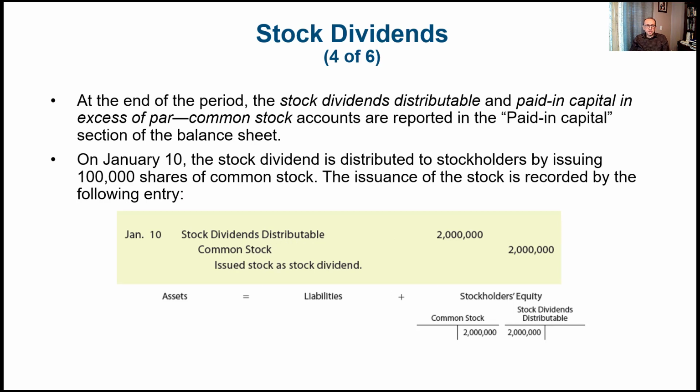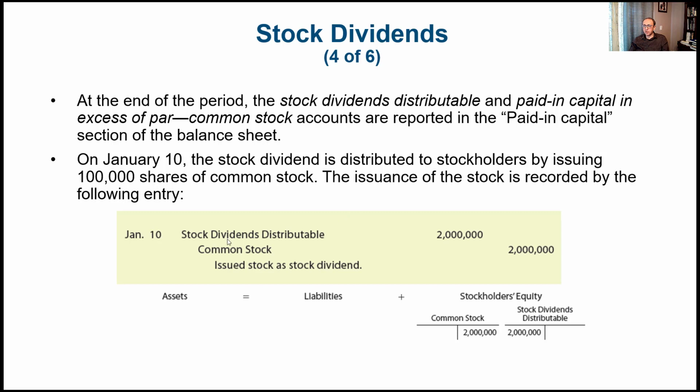So at the end of the period, the stock dividends distributable and paid-in capital in excess of par for the common stock accounts are reported in the paid-in capital section of the balance sheet. So on the payment date or the distribution date, which is January 10th, the stock dividends are distributed to stockholders by issuing 100,000 shares of common stock. The issuance of the stock is recorded by the following entry.